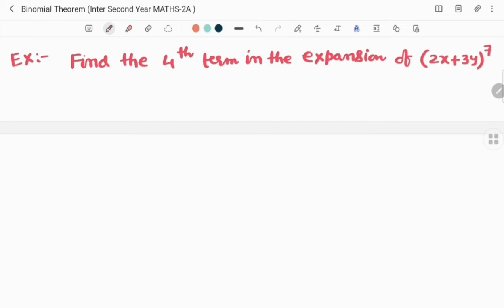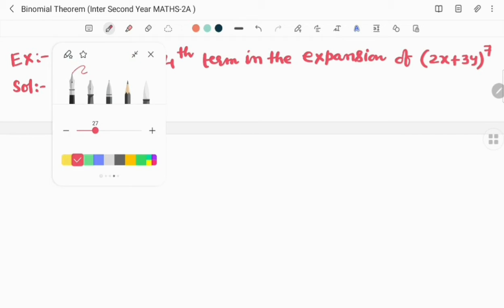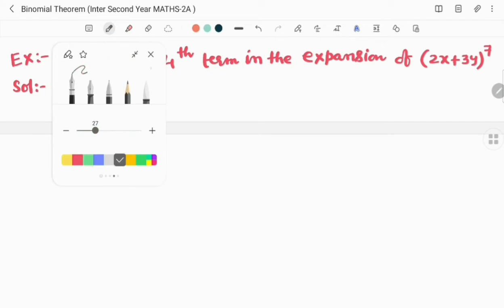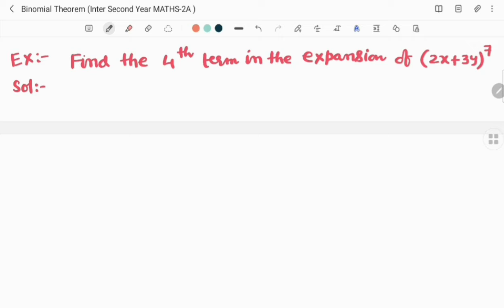That is the question. So in the solution, what we are going to give? First, what we have to write? Given expansion: (2x plus 3y) whole power 7.